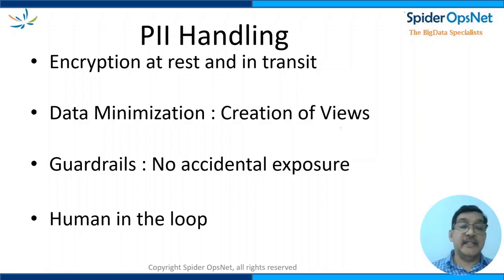Create guardrails so that there is no accidental exposure of sensitive data through prompts or even connectors. And last but not the least, always have human in the loop so that anything that goes out or any actions on sensitive data is verified by humans.